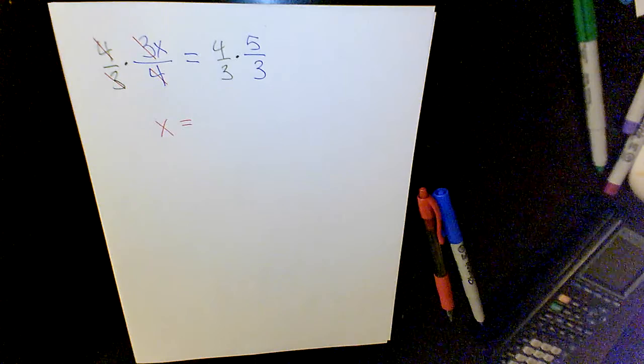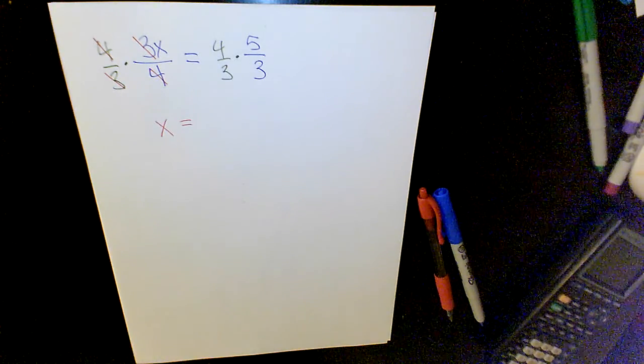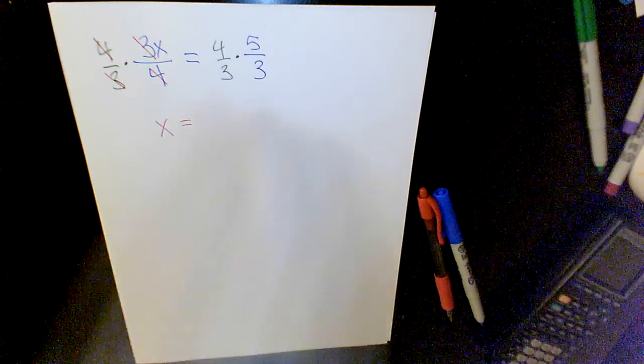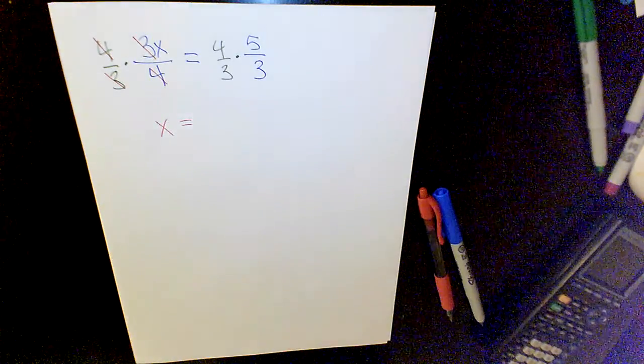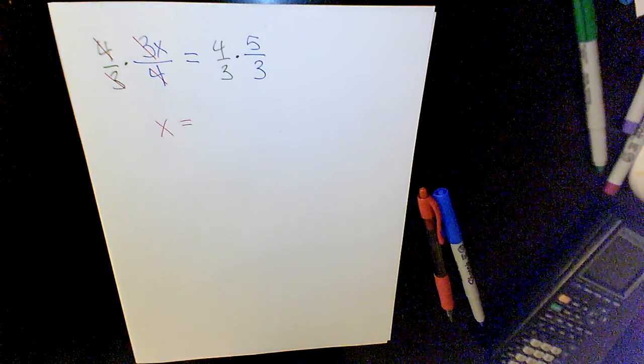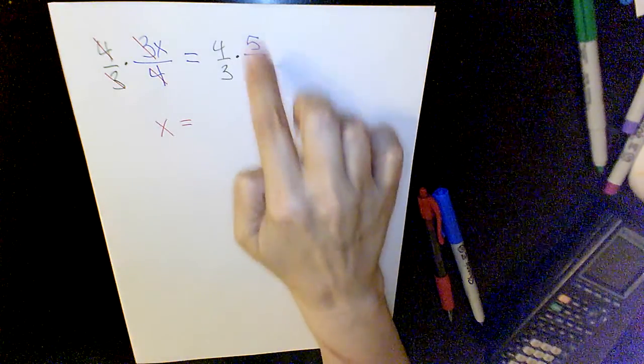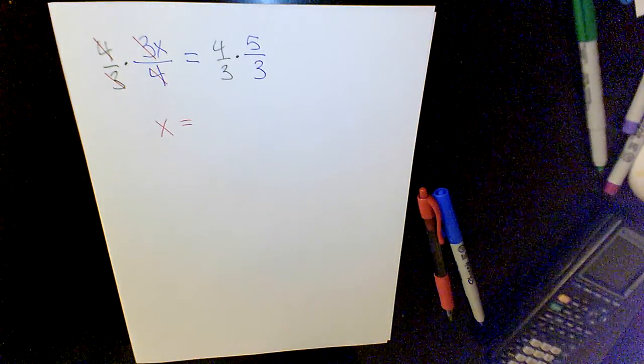On that right-hand side, do you see anything that matches up that I can cancel? On the diagonals, I have a 4 and a 3 and a 3 and a 5. 3 does not go into 4, 3 does not go into 5. Looking up and down, nothing else is really matching up.